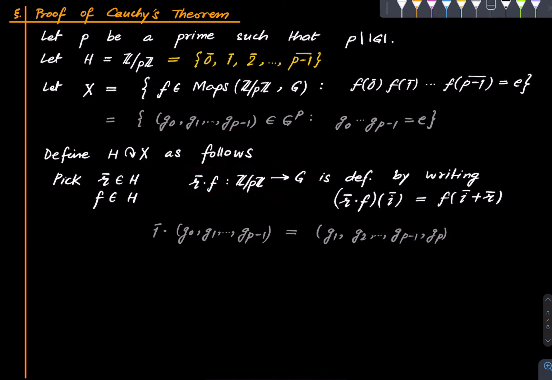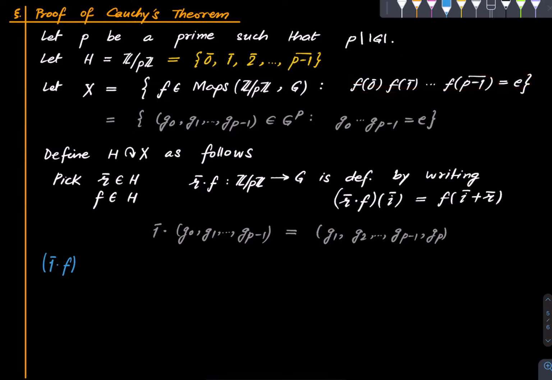All right, and one can easily check that this is an action. The only crucial part to check is that this property is preserved under such things. So how do we show that? Let me show that 1 bar dot f also satisfies this property.